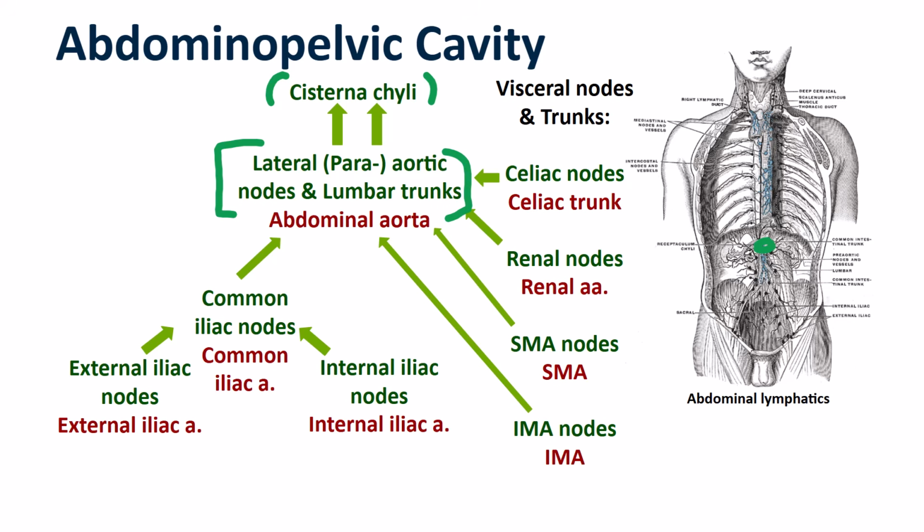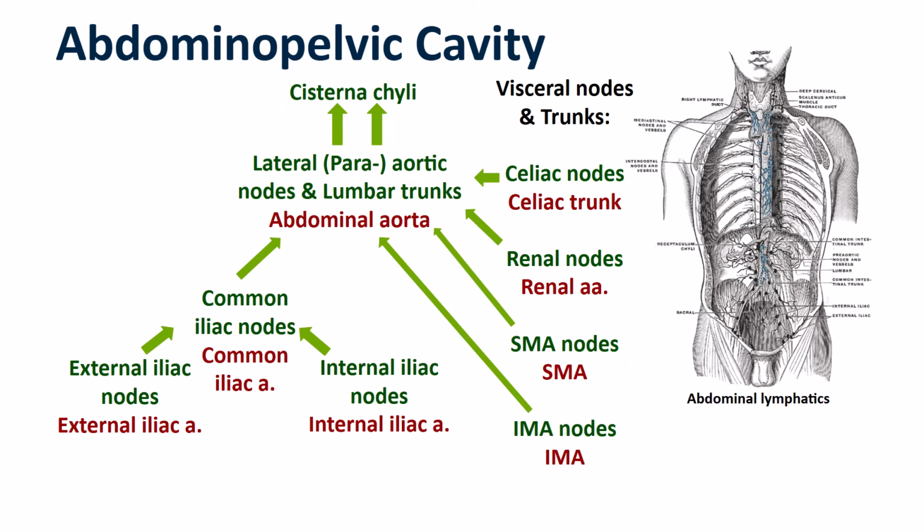So coming up either side of the abdominal aorta and on either side of the anterior aspect of the spine are the lumbar trunks, and we have these lateral aortic or para-aortic clusters of lymph nodes. There are several visceral inputs to those trunks and then pelvic inputs. So let's start with the visceral inputs first.